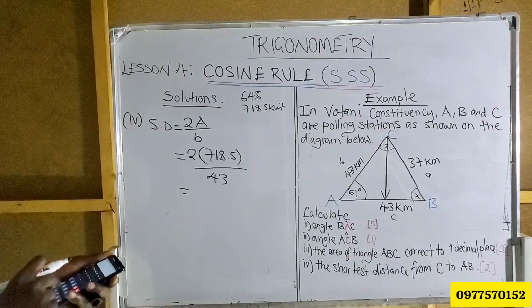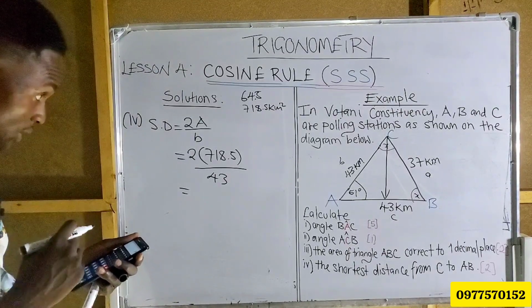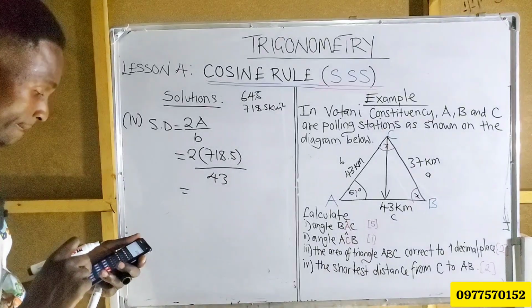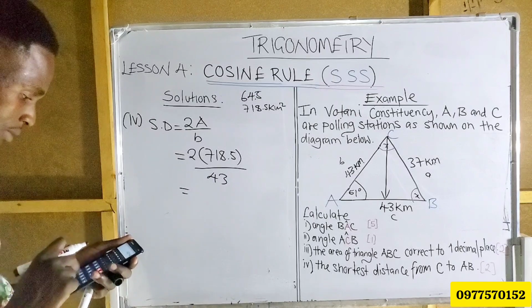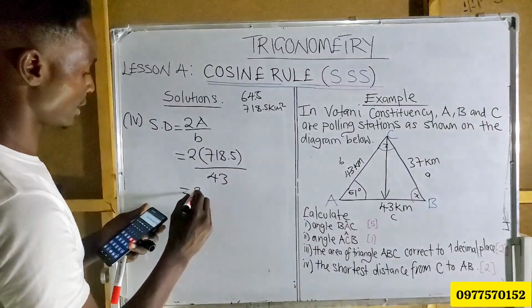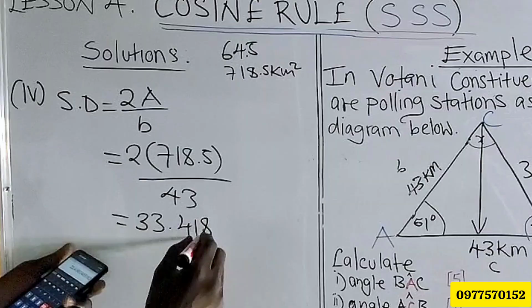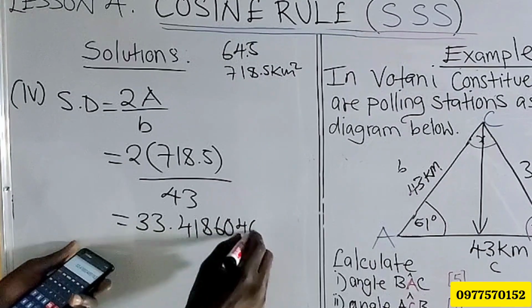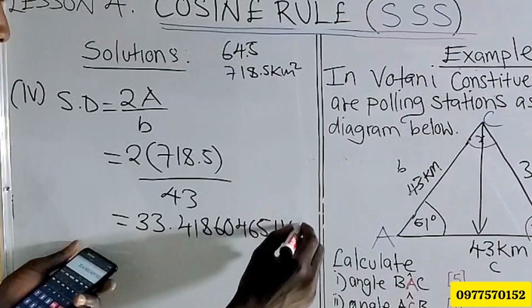So we're going to say 2 multiplied by 718.5, divided by 43, which is giving me 33.41860465163.